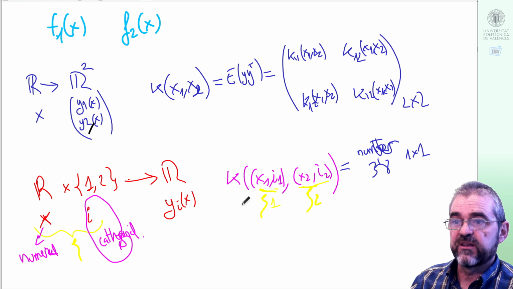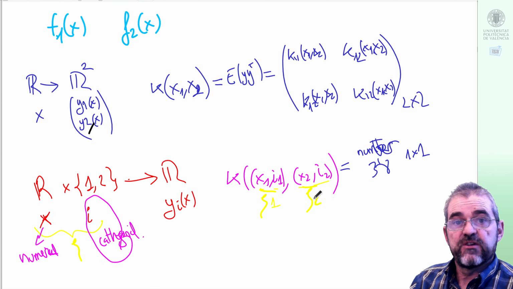So I could write a covariance function of the two augmented inputs, xi1, xi2, that of course I should suitably encode so that it returns the appropriate element of this 2x2 covariance matrix.